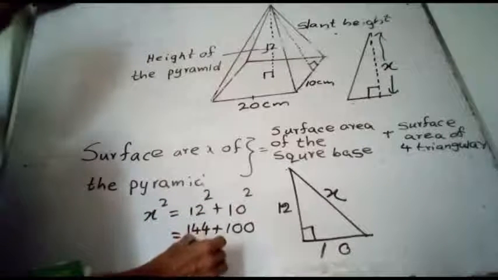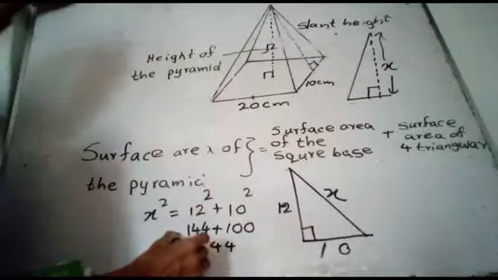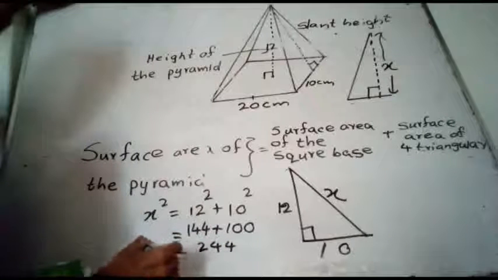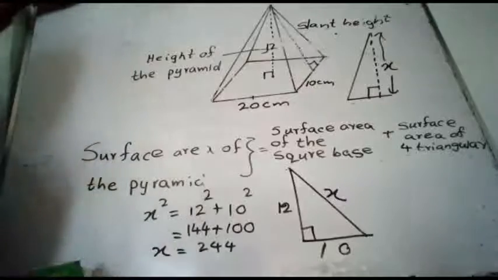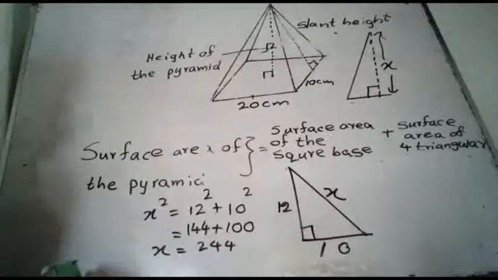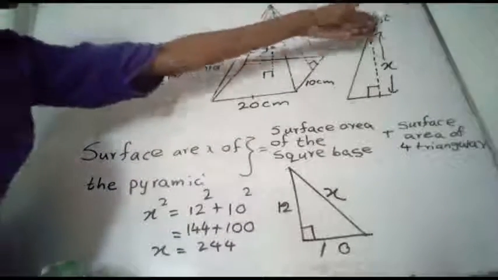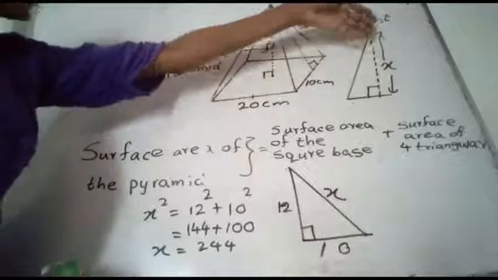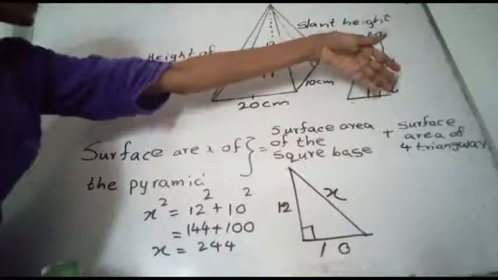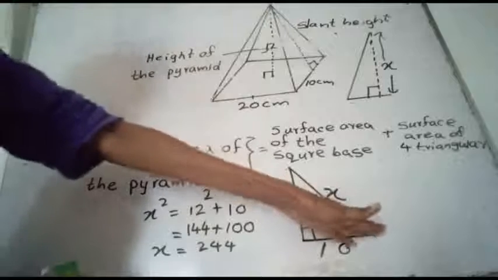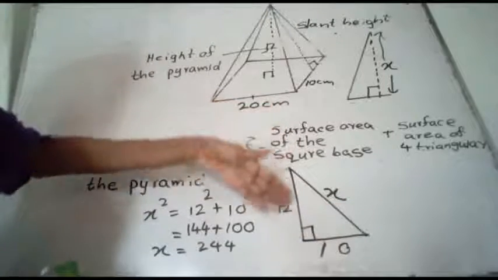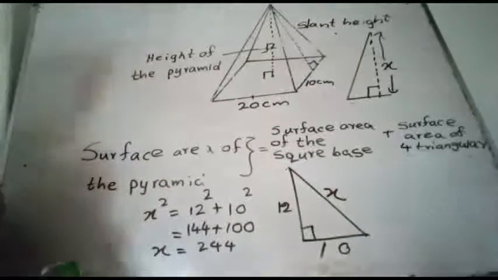Then 244 is equal to x. This perpendicular height of the triangular surface is the length of the diagonal in this right angle triangle.